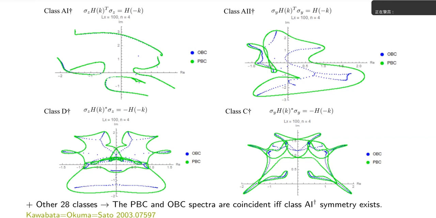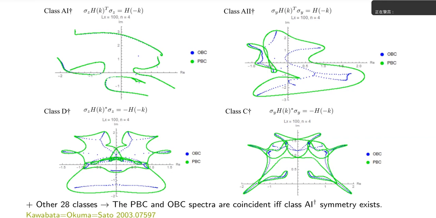So if the winding number is non-zero, then you should have skin effect. But even if... okay, so this is an example. With the H plus H dagger symmetry, we can prove that the winding number is 0.